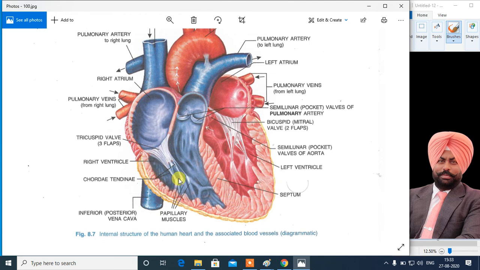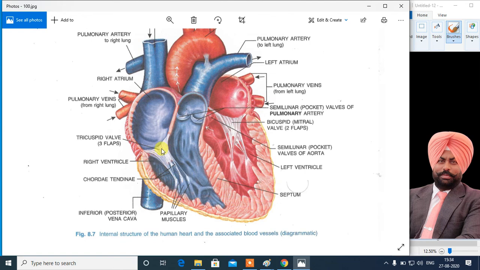These flaps are stretched by these three muscle-like structures, and these are called chordae tendineae. I'll say the name again, chordae tendineae. These are the structures which hold these three cusps, this is one, this is two, and this is three, with the help of the papillary muscles.